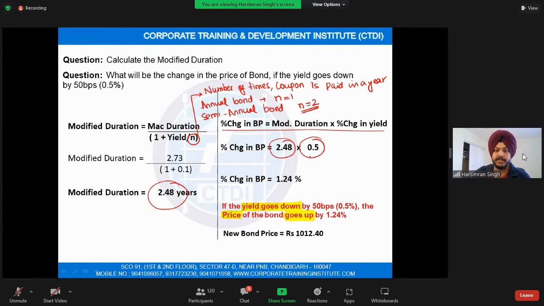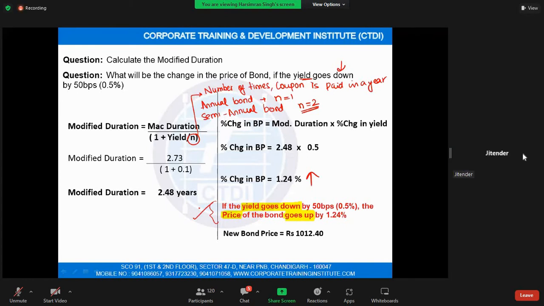It is already in percentage, 0.5. So your change in yield is 1.24%. Now the thing is, is this price going up or is this price going down? We know that the yield is going down, so the price will go up. Is that clear? Yes sir. I've written it here. Fine.